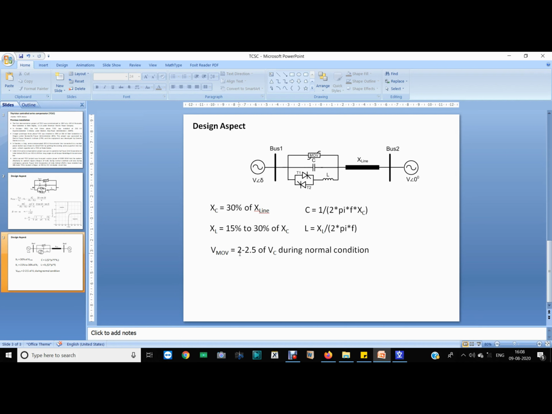After VMOV, this MOV will start operating. Some of the current will obviously flow through the capacitor, but maximum current will flow through MOV, as in this condition the MOV behaves like a short circuit. The impedance is very low, so maximum current will flow through MOV. So this is the basic principle of MOV.